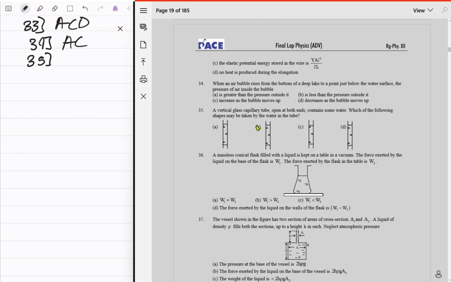Open at both ends, vertical capillary tube. Wait. अगर, oh god, think for a second, it's not possible कि ये ऐसा हो because contact angle has to be zero, right?